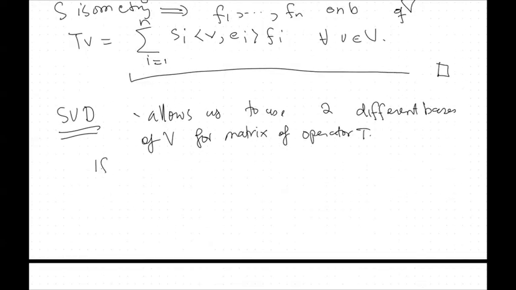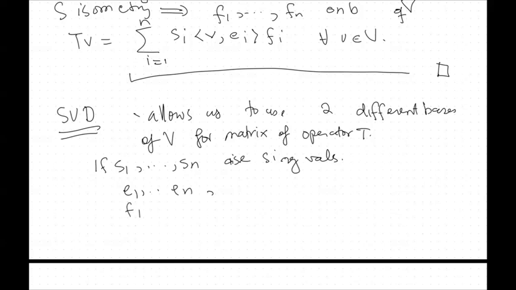So if s1 to sn are our singular values, then we have e1 to en, and then f1 to fn.